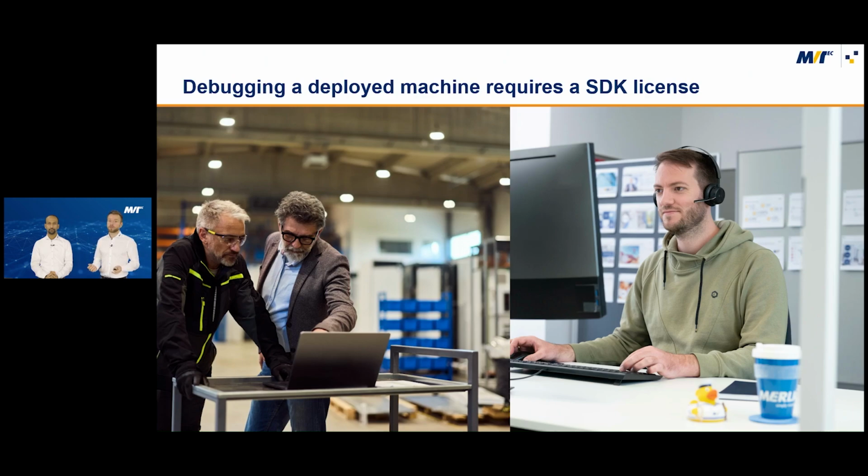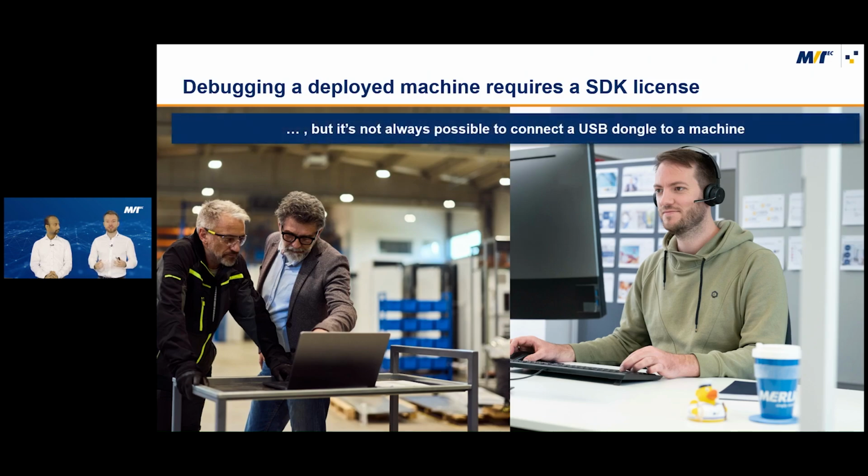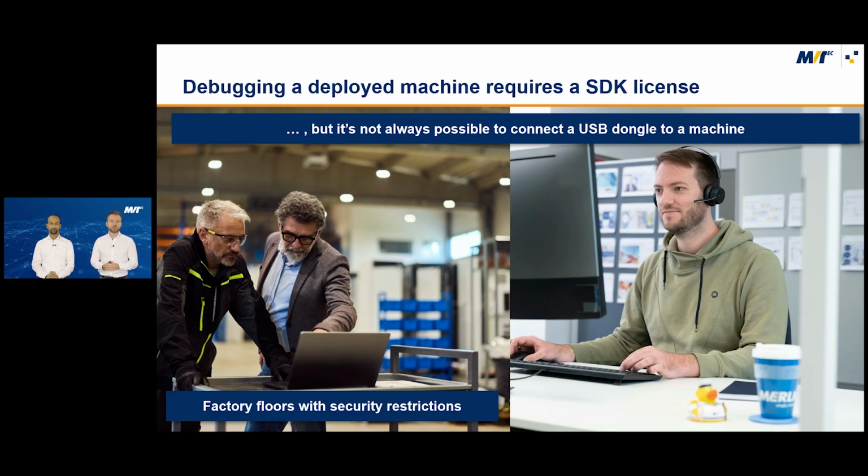But one problem you might face is that you want to debug a machine, but you can't connect your HALCON USB dongle that verifies your SDK license. There are several reasons for this. One could be that you're on a factory floor with really high security restrictions, so you're not allowed to connect your USB dongle to an active machine.